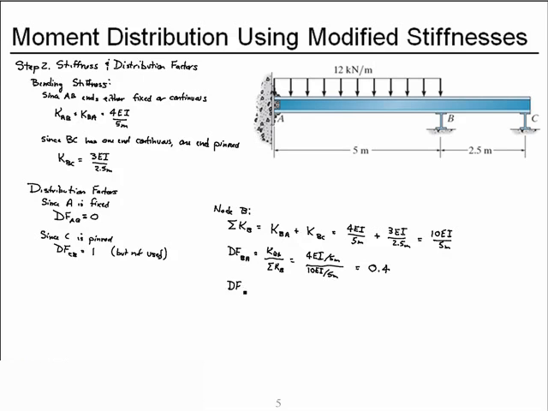The distribution factor for BC is the stiffness of BC over the total stiffness at the node. So it's 3 EI over 2.5 meters divided by the 10 EI over 5 meters, and that evaluates out to be 0.6.